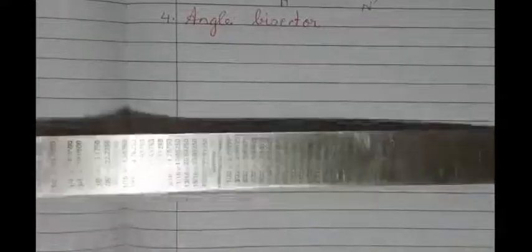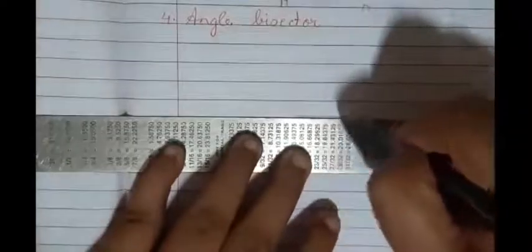To draw an angle bisector, first we need to construct an angle. Here I am drawing a ray, which will be the base of the angle. I will name it QR.